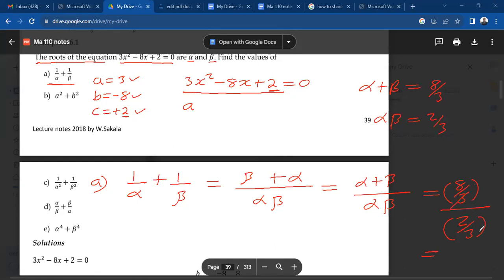The 3 and the 3 will cancel. Then 8 divided by 2 gives us 4. So alpha plus beta over alpha beta is actually just 4. Any questions? That's how you compute that.